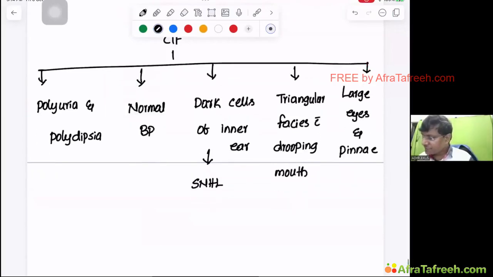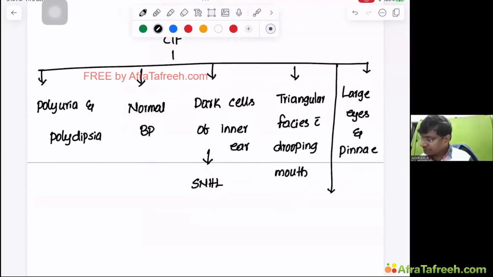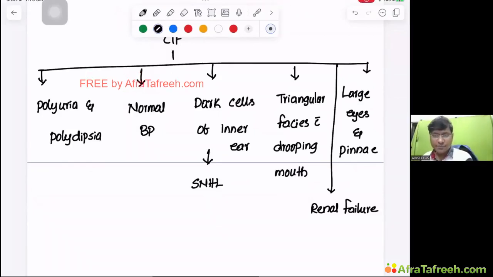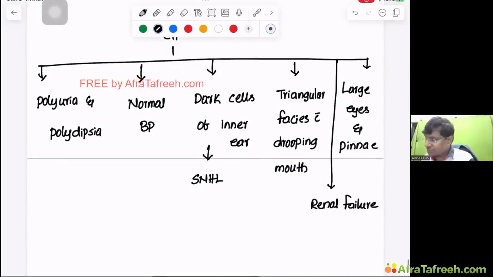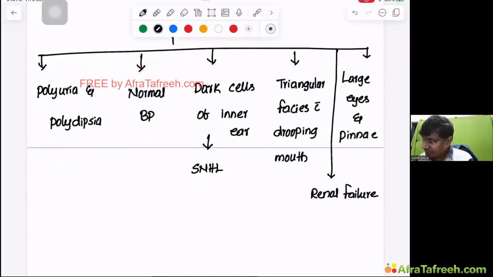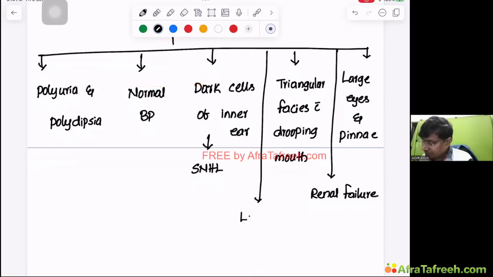And these patients also have renal failure. And I said they have nephrocalcinosis, because of which they also have loin pain because of the stones. So this is the classical presentation in these patients.